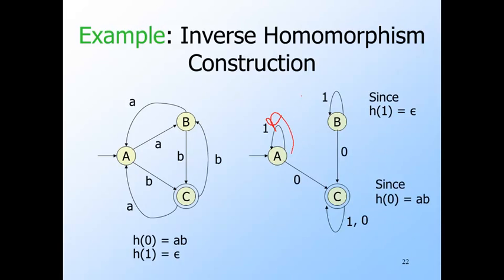For example, starting in state A and following the path labeled AB, you wind up in state C. That explains why the transition from A on 0 goes to C. Similarly, starting at B and following the path labeled AB, you also get to C. And the same thing is true if you start from C, A and then B.